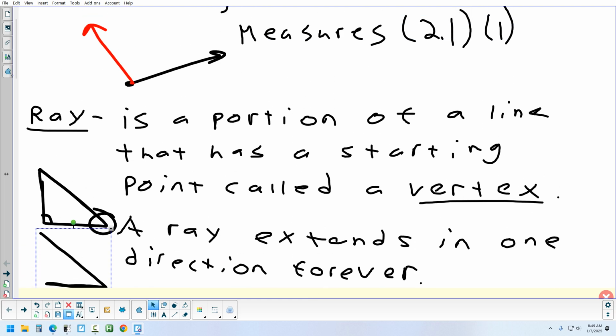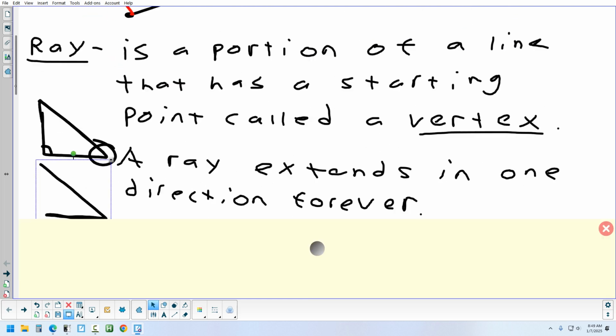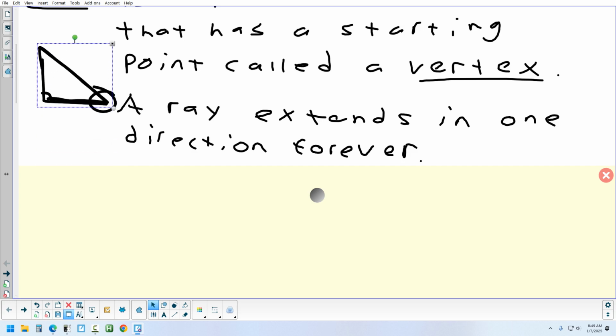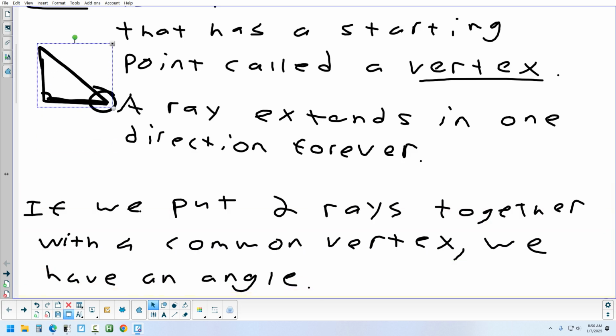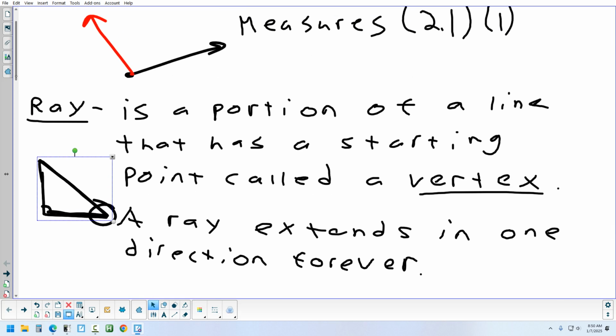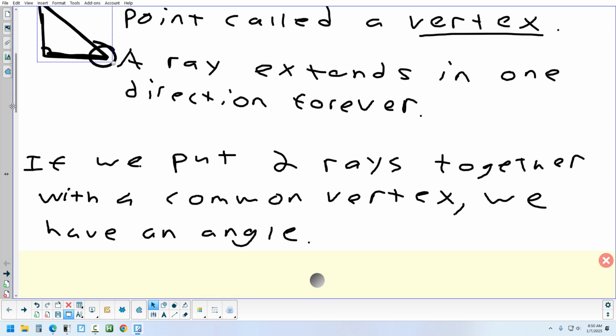Just this is an angle that's all by itself. This is an angle that's part of a shape. Okay? But they're still both angles. Okay, the kind of angle that we're going to be talking about in this section is more the angle that's all by itself. We're not really going to be talking about angles as part of a shape today. Okay, so this is the kind of angle we're talking about. Take two rays, put them together with a common vertex, and now you've created an angle.